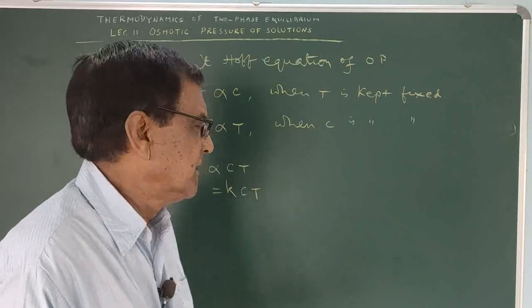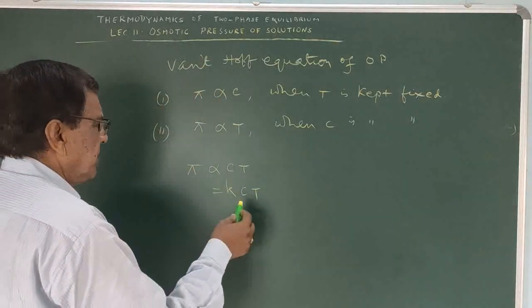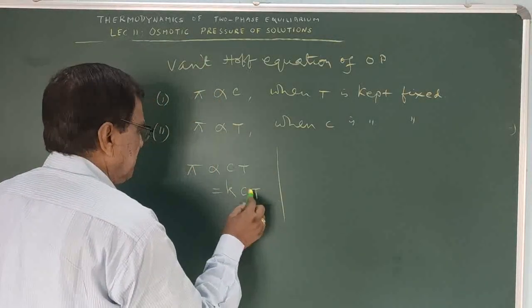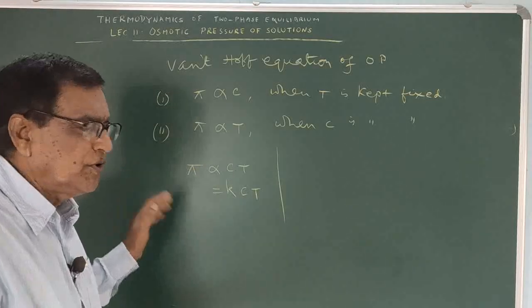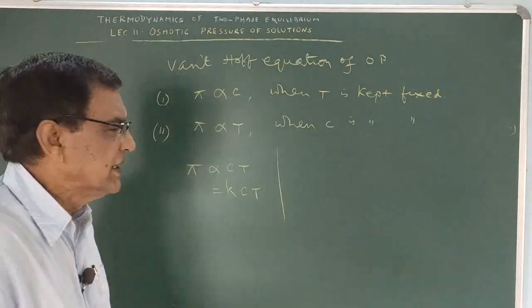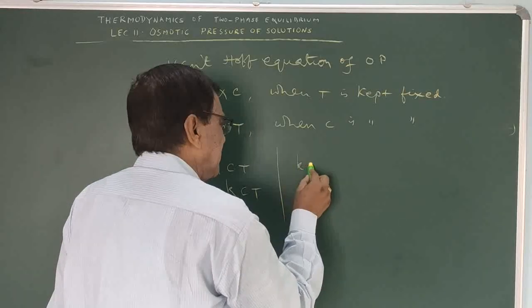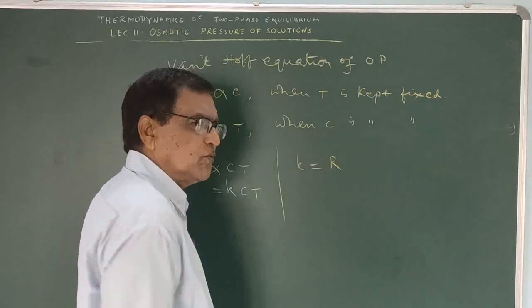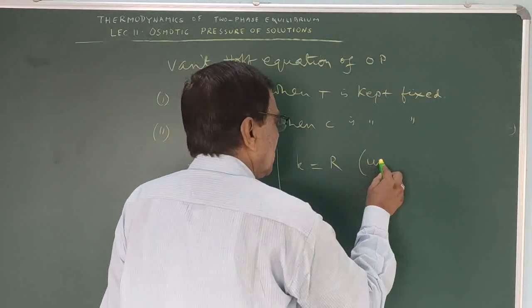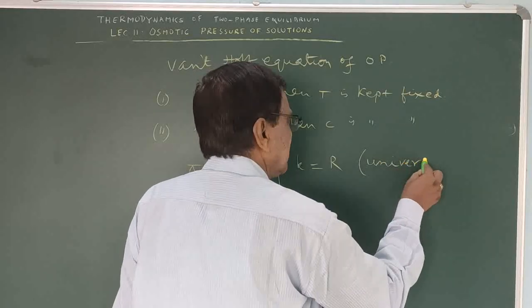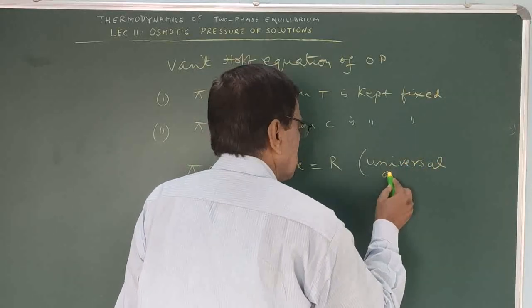So whenever concentration, temperature and pi are all known in this equation, it is found that K, the proportionality constant, becomes equal to R, the universal gas constant.